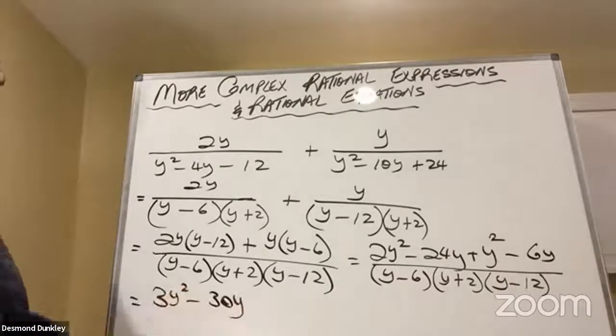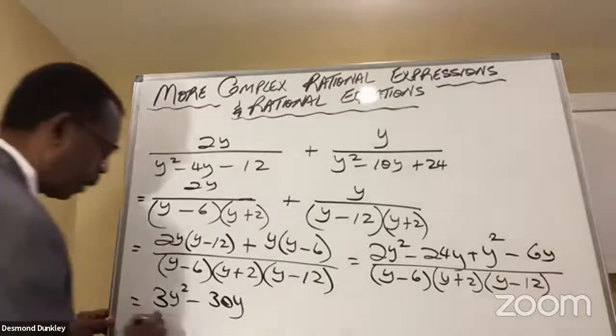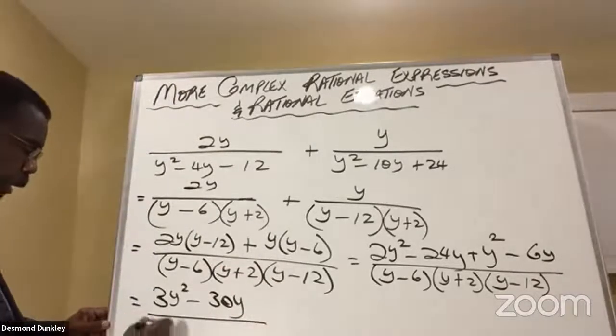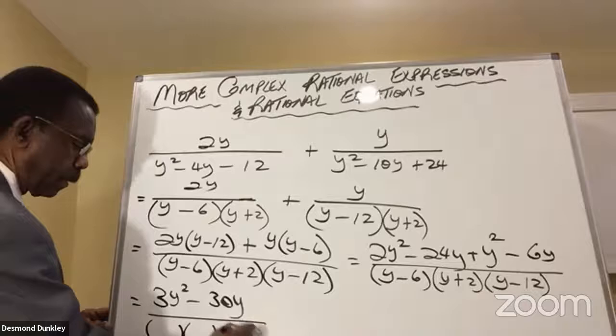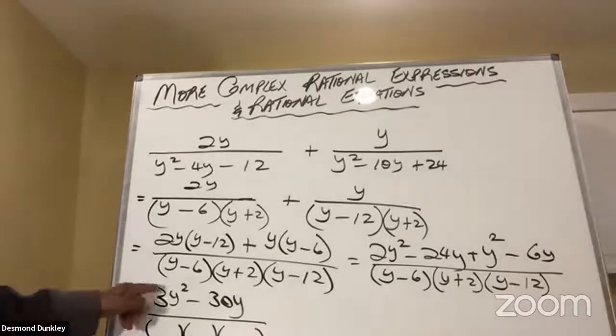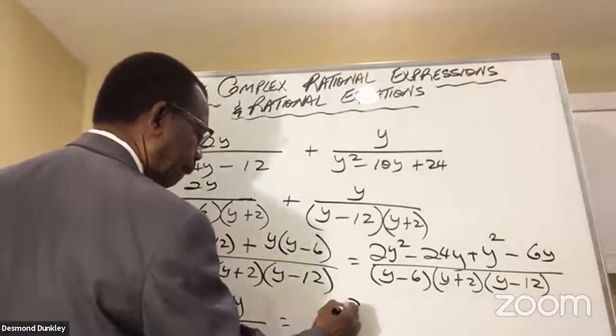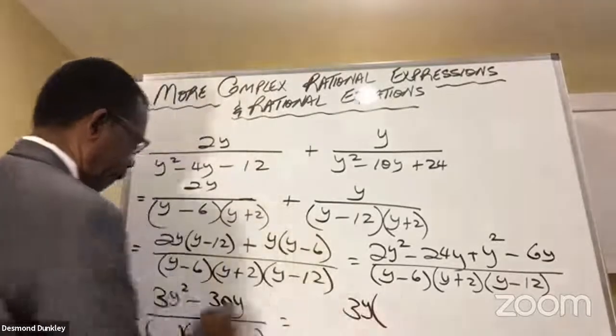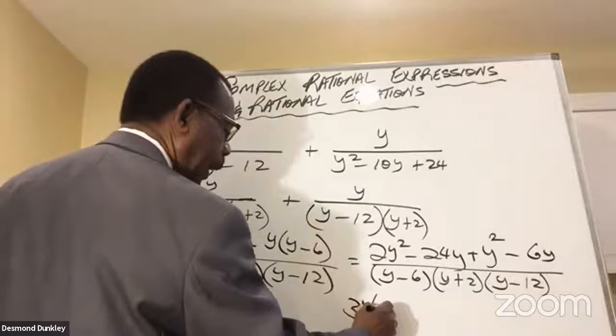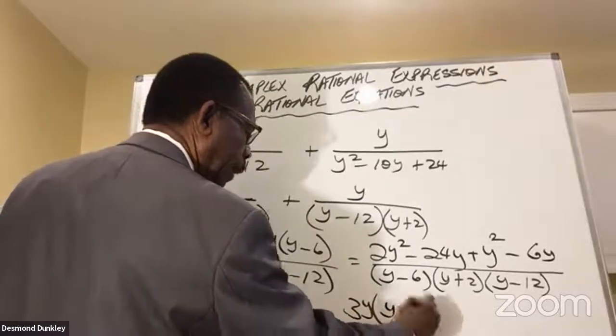So when I look at this, all over these two denominators, when I look at the top, I can factorize out a 3y times y minus 10.